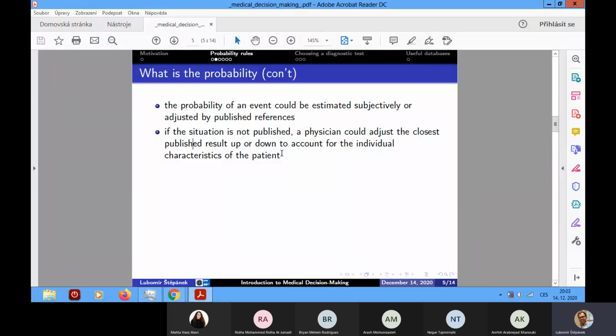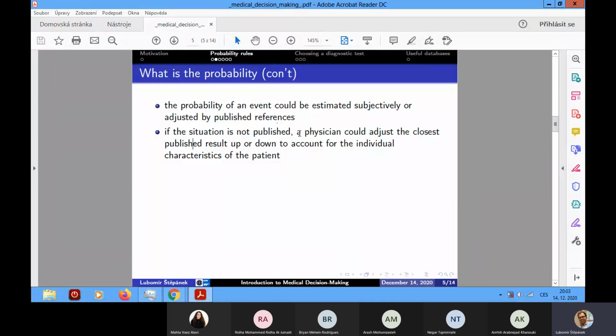What I wanted to say is that in general, there is a very, very large number of papers dedicated to various kinds of medicine. So it will be very rare to have a situation in medicine where there are absolutely no papers about it.